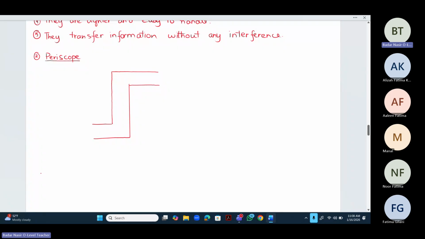Let's say we have this periscope and a person. These periscopes are installed in a submarine, right? Now we have two right-angled glass prisms. Let's say we have an object placed here. So it's a bird.